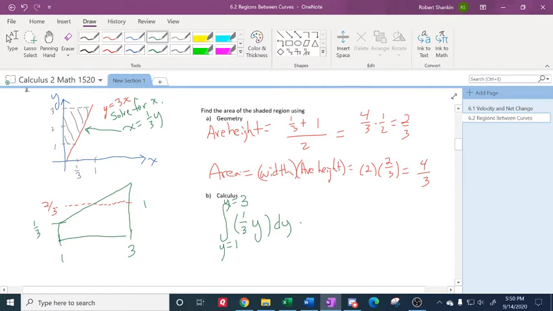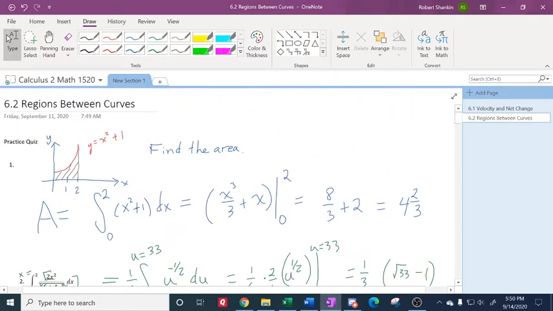Now, if you're freaking out a little bit, saying, how in the world can you do this? Remember, when we have an integral like this, we have only chosen this representation because we chose to put the x-axis on the horizontal and the y on the vertical. We could have decided x should be on the vertical and y should be on the horizontal.